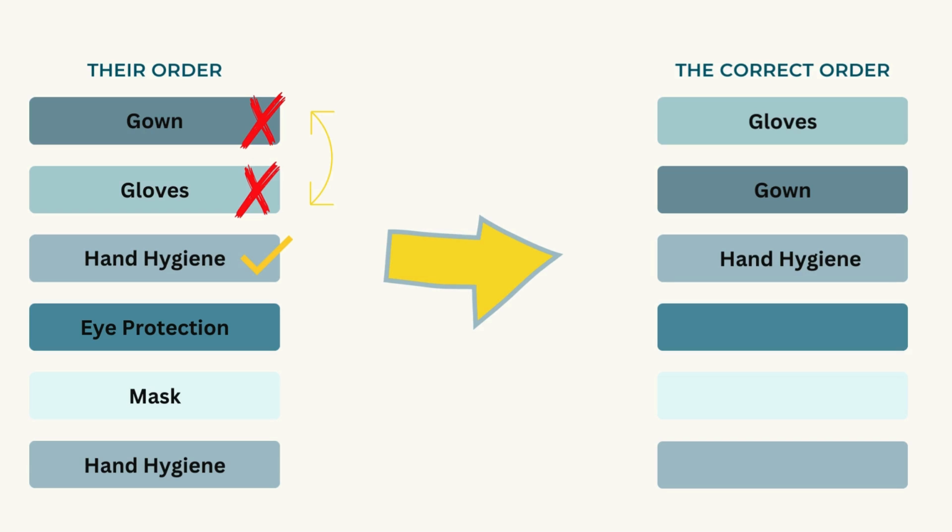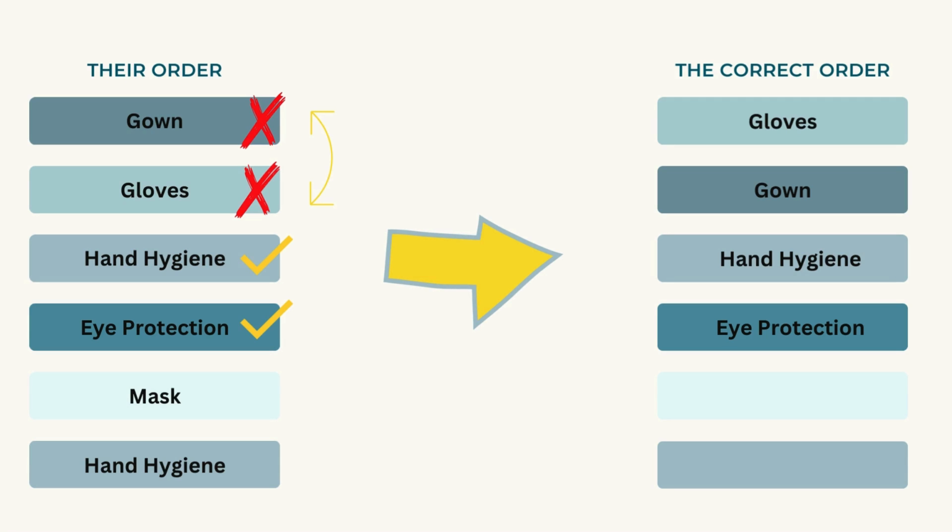So during the removal of your gloves and gown, your hands will become contaminated. So it's very important to perform hand hygiene after removing this PPE, especially before you're moving up to your face, because there are so many portals of entry on your face, your eyes, your nose, your mouth that you want to protect. So next we're going to look at removing our eye protection, as typically this has to be removed first due to the fit in order to remove your mask.